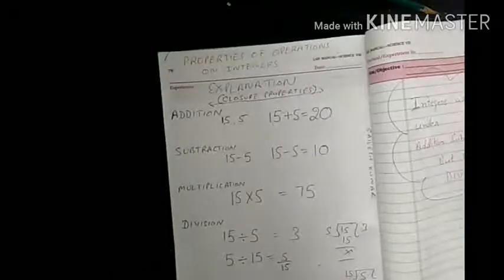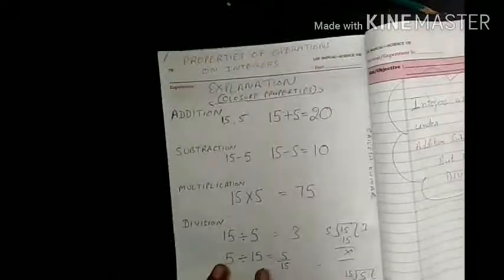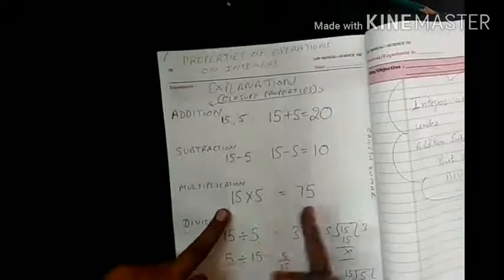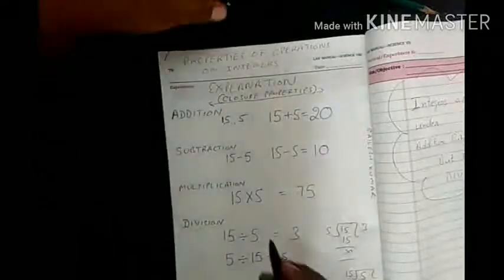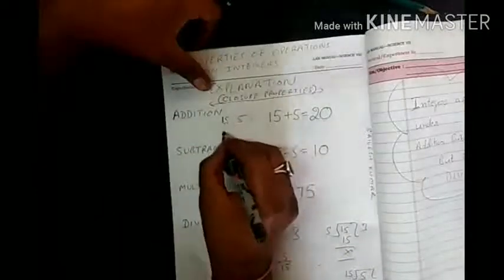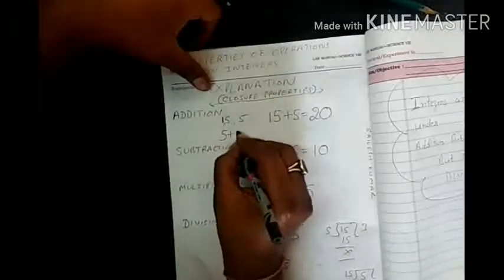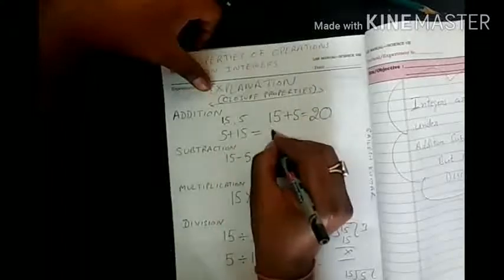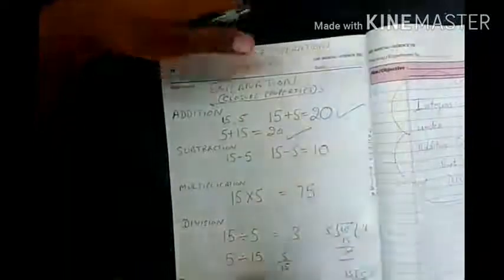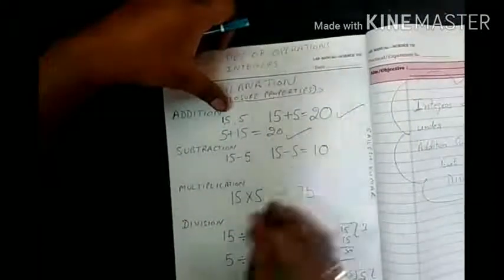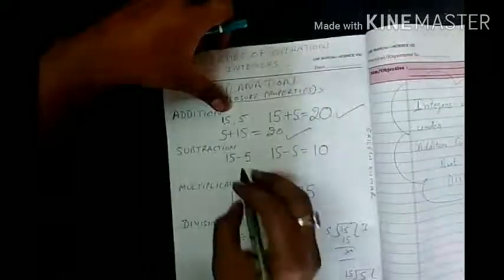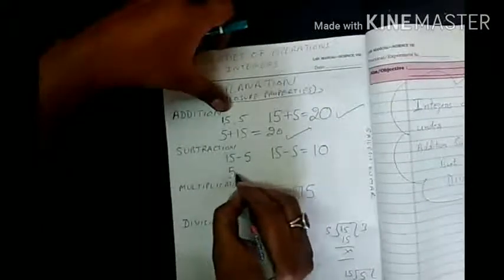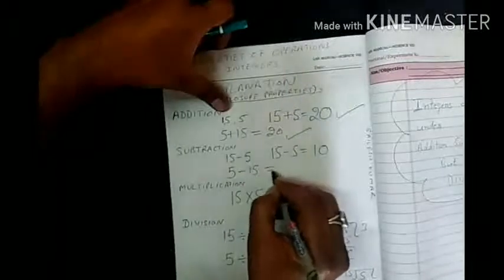Okay. Now the question arises, sir, why have we not changed the position here? So no problem, I will change it. If I do 5 plus 15, then my answer is 20. This and this are the same. Now here, 5 minus 15, what is the answer?